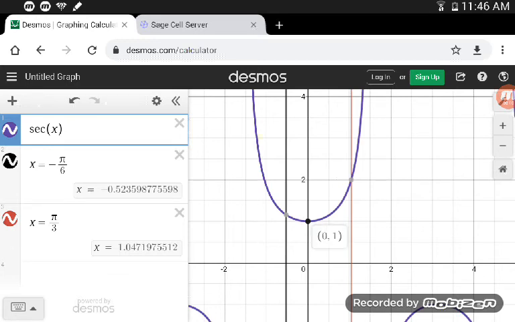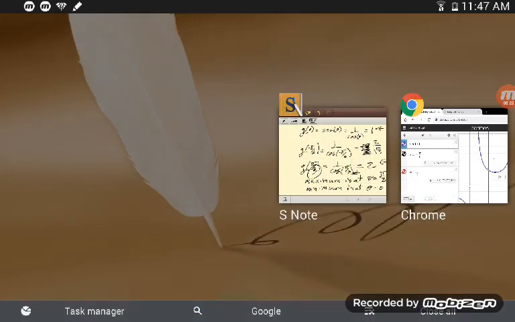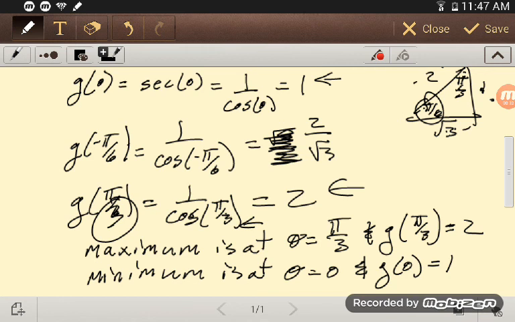There we go, 0 and 1. And we had pi over 3 and 2 there for our point. So that is, again, what we had. We had 0 and 1, and pi over 3 and 2. There we go. And so that does it for exercise 34.